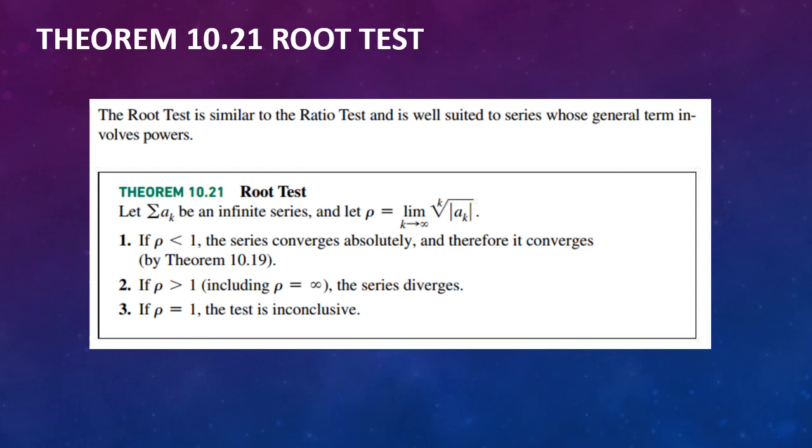If rho is greater than 1, including rho equals infinity, the series diverges, and if rho equals 1, the test is inconclusive. So you can see the similarities here as we've done before, but now we're applying the limit as k goes to infinity of the kth root of the absolute value of a sub k.